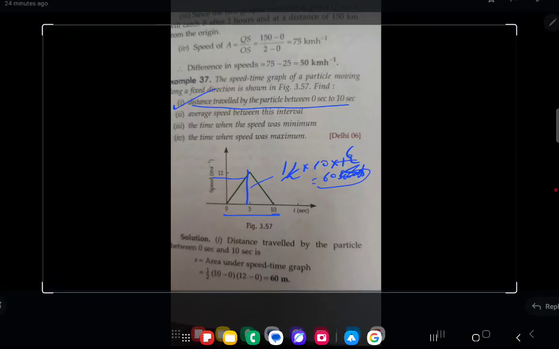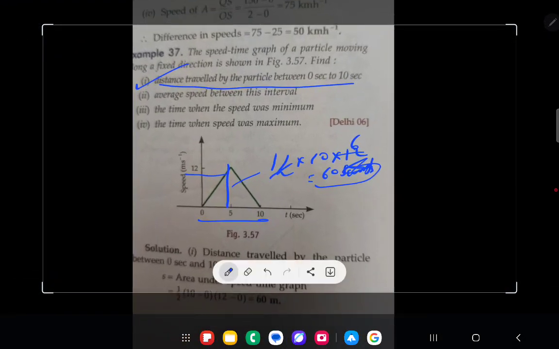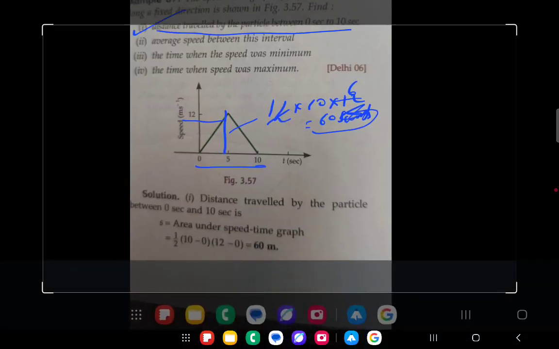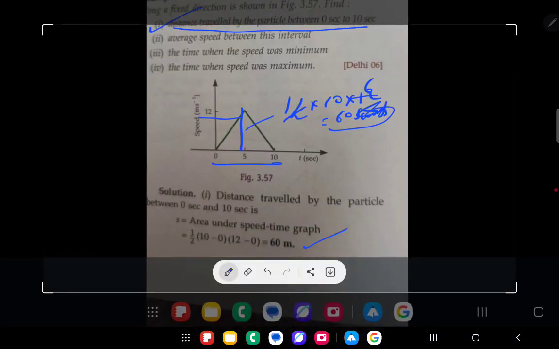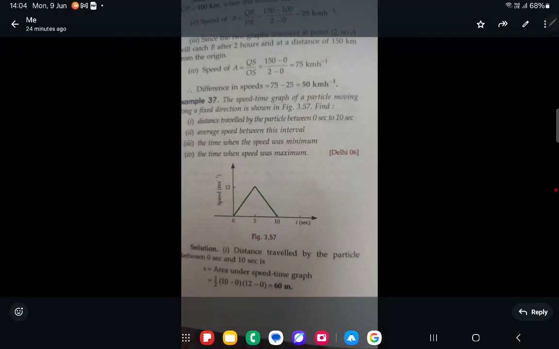The second one, the average speed between this interval. Average speed can be written as change in position by change in time. Let's see what they've done in the next one.